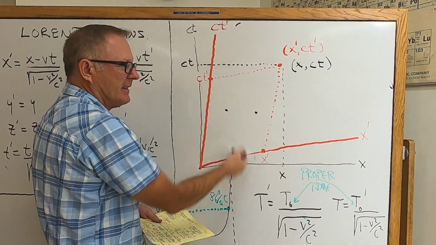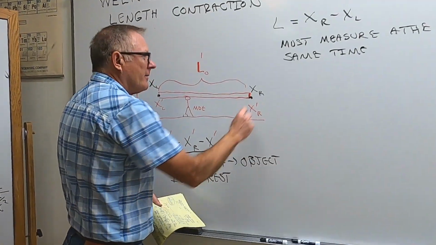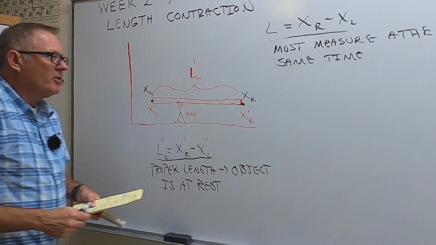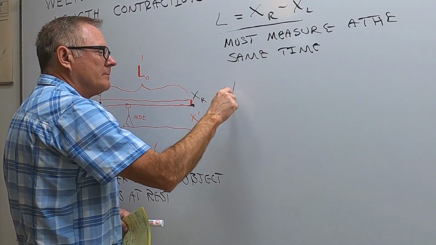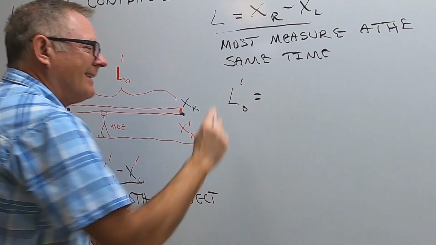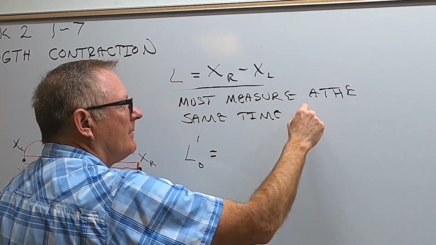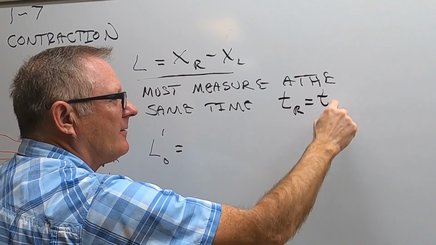His time is going like this. Okay, so now we've got these two events. What we're going to do is say L naught prime is equal to, remember, since these are at the same time, that means t at the right equals t at the left.